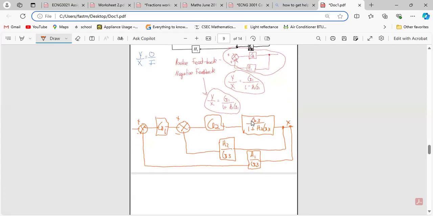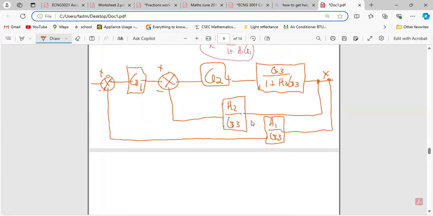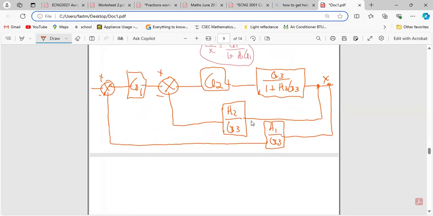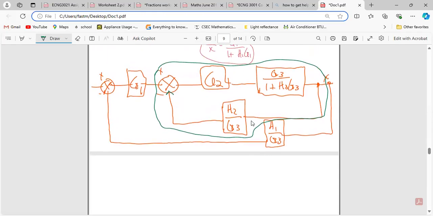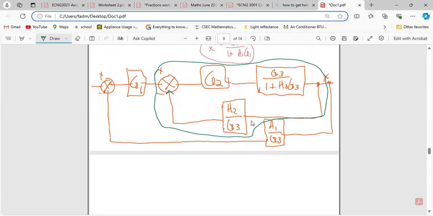Since we have this now, you clearly see that it opens up for us in the end. So you just end up with this here, which is a negative feedback loop. Since these two are in series, you can multiply the two of them, so you end up with G2, G3.